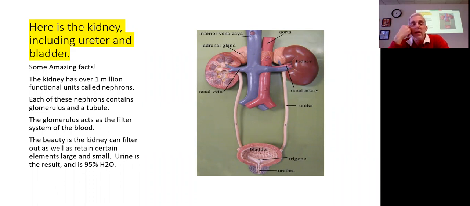The beauty is the kidney can filter out as well as retain certain elements within the blood, from very small to a little bit larger. Urine, the result, is usually around 95% water. So no matter what color the urine is, it's usually around 95% water.